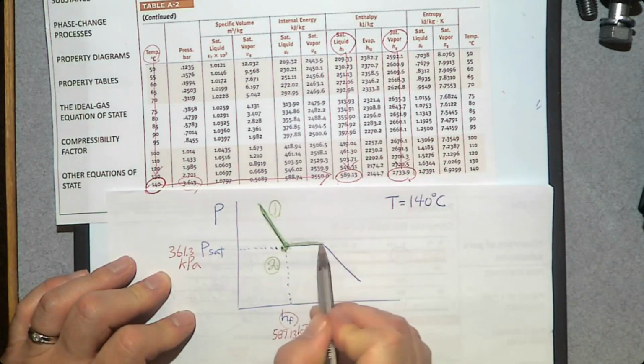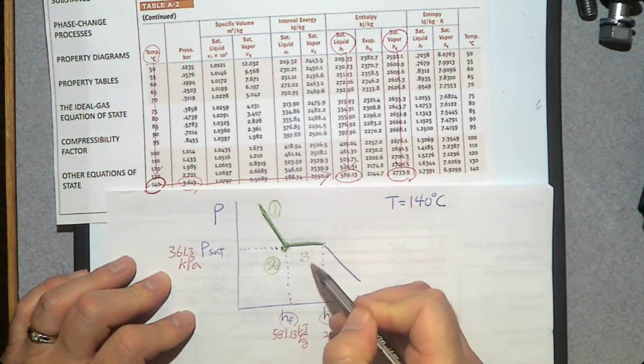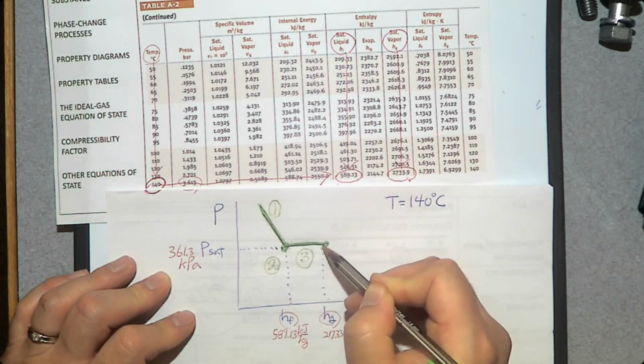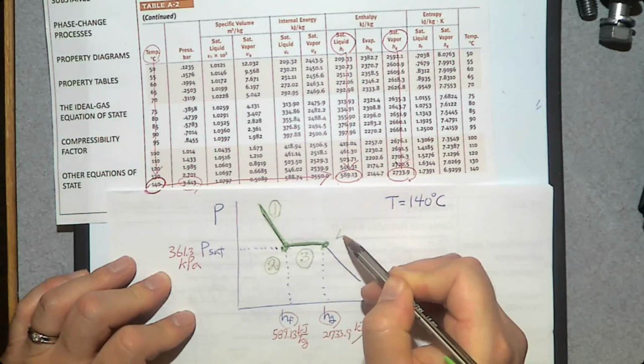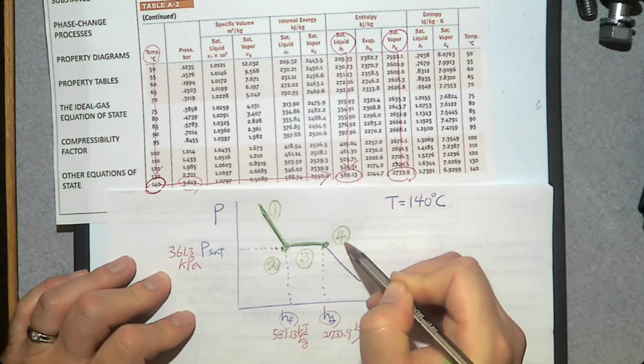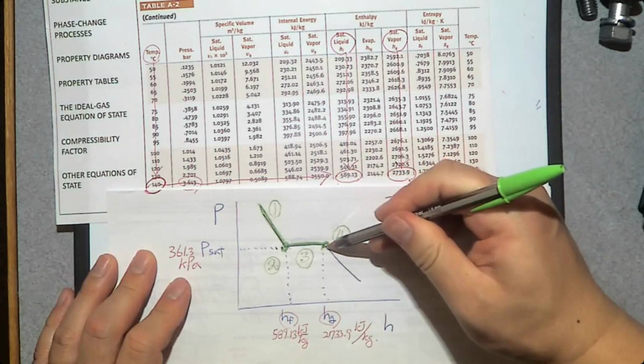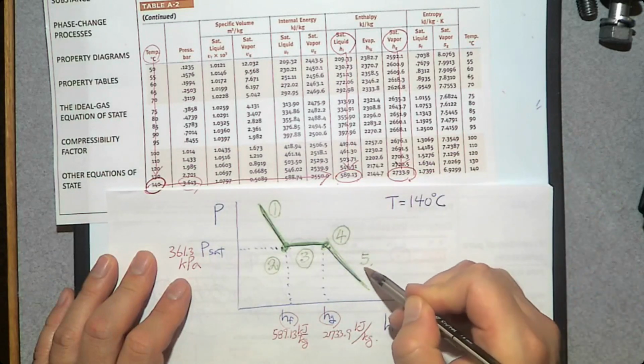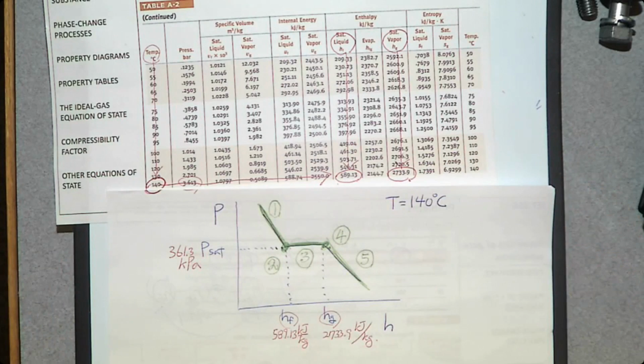This line represents number 3, saturated mixture. This point represents number 4, saturated vapor. And finally, this line represents number 5, superheated vapor. So that's how you make a pH diagram.